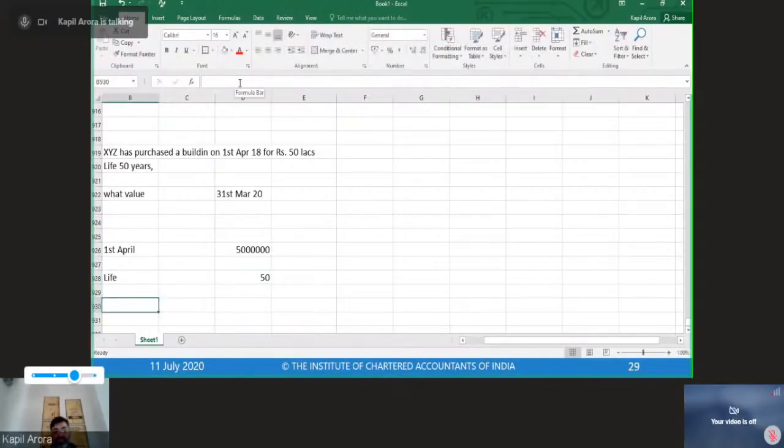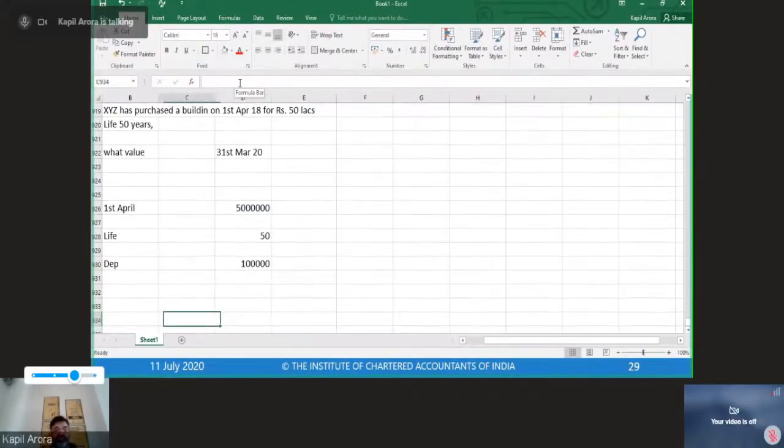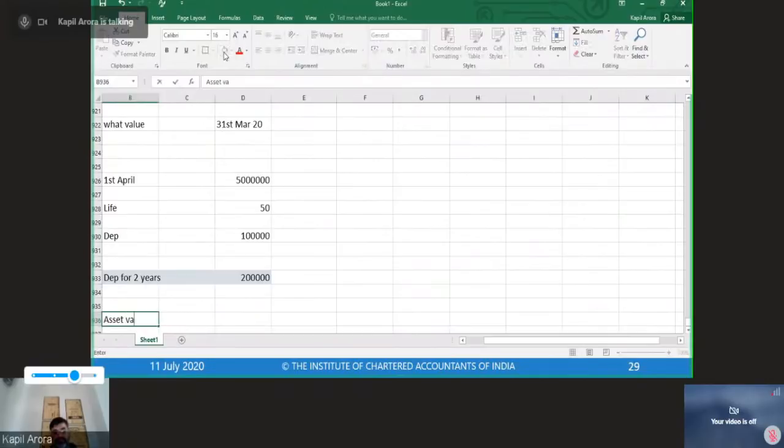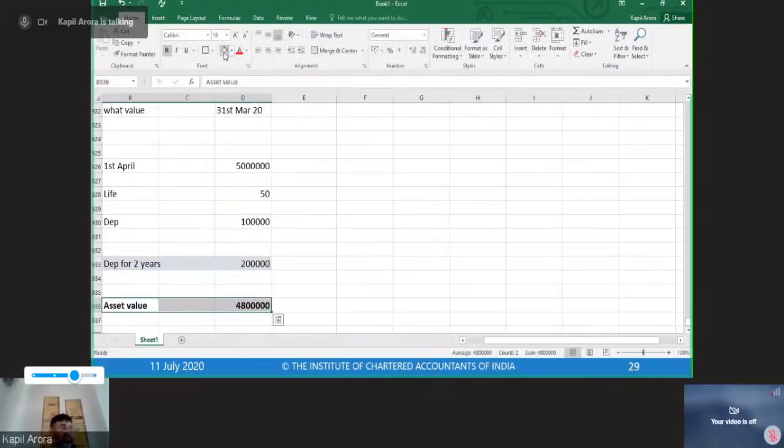So every year depreciation would be 50 lakhs divided by 50. So accumulated depreciation for 2 years would be 1 lakh multiplied by 2, and the value of the asset on 31st March 2020 would be 50 lakh minus 2 lakh.